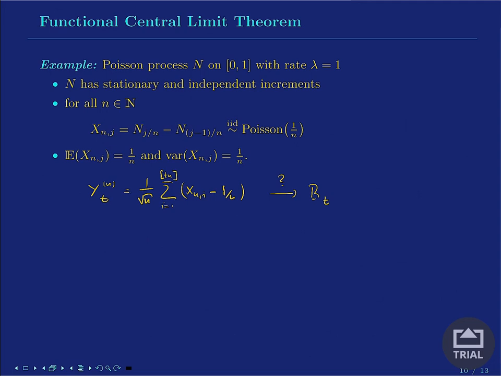So our Y_n(t) converges to the Poisson process at time t minus its expectation divided by square root t.